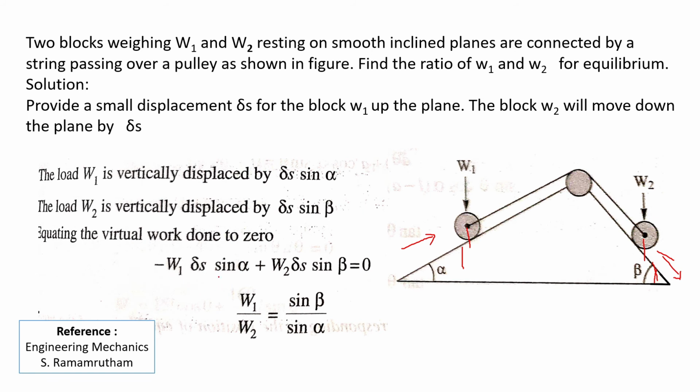So the sign of the block which is moving in the direction of force will be positive, right? And the one which is in the reverse direction, W1, will be negative. And by simplifying the equation, we get the ratio W1 by W2 is equal to sine beta upon sine alpha.